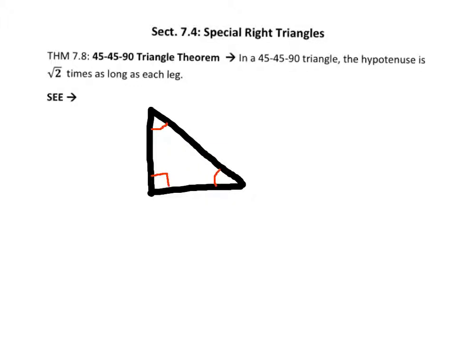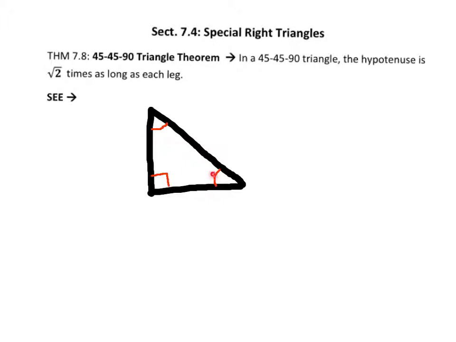The first one we're going to talk about is a 45, 45, 90, and that's named by its angles. One angle here is obviously 90 degrees. The upper angle is going to be 45, and so is this lower angle, because these two angles are equal and we know they add up to 90.